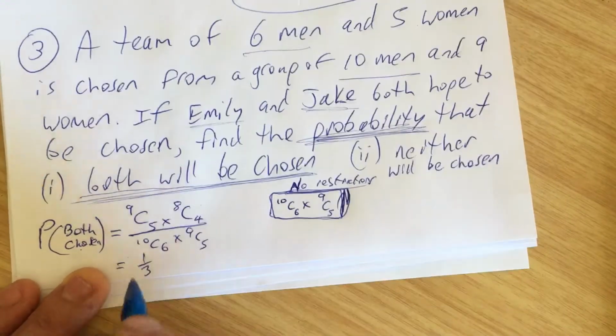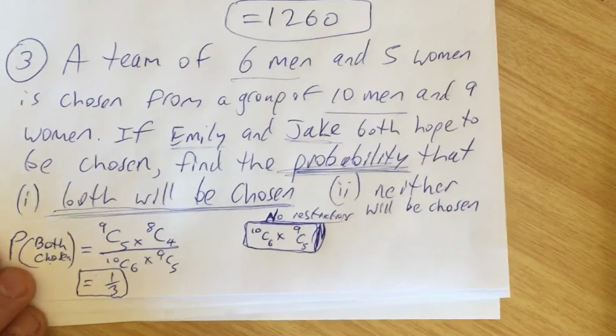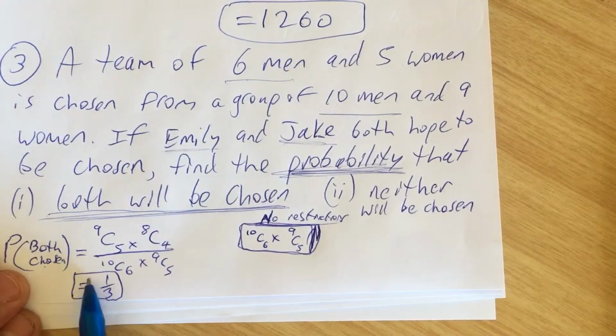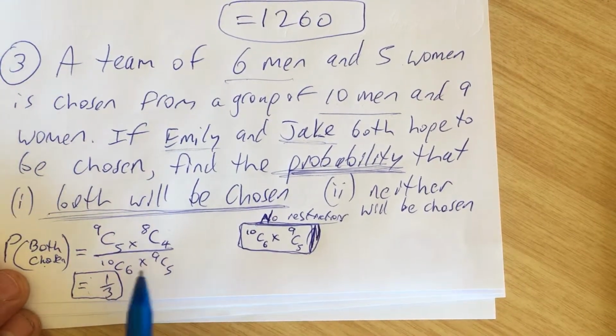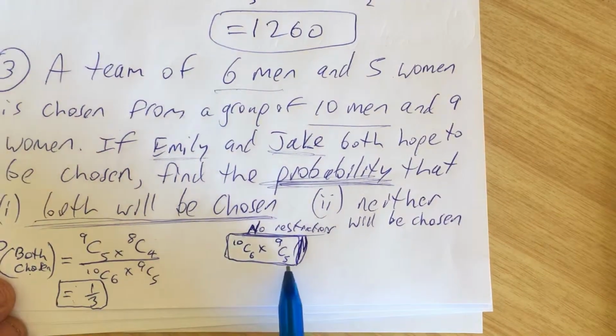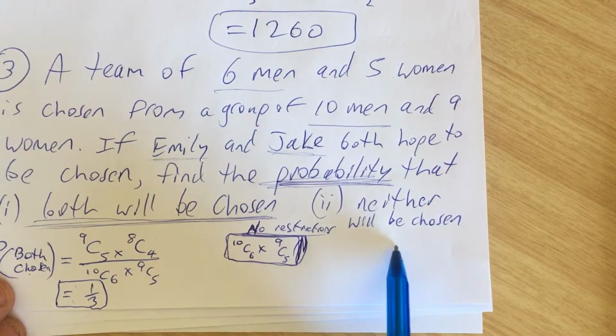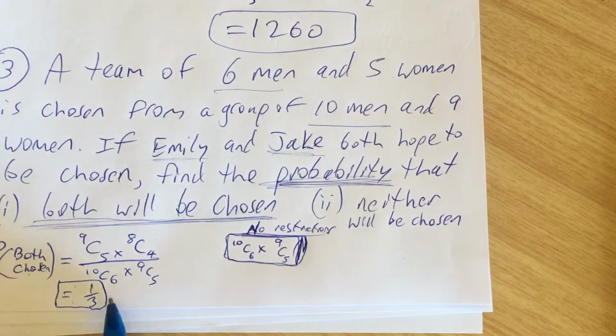So it's quite likely that they're going to get in. Well, it's not likely. I mean, it's more likely they're not both going to be in. So there's a 1 in 3 chance that they'll both be selected, which means, by the way, there's a 2 in 3 chance that they won't both be selected. But they can't do this question that way because this is if neither of them are chosen. 2 over 3 is if one of them might be in.